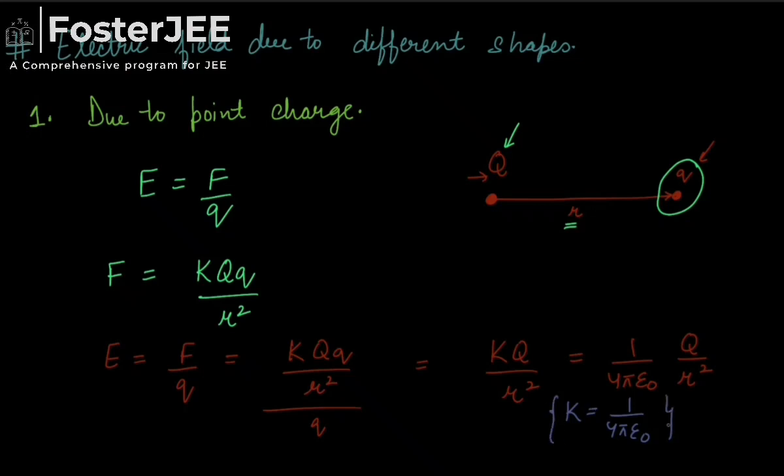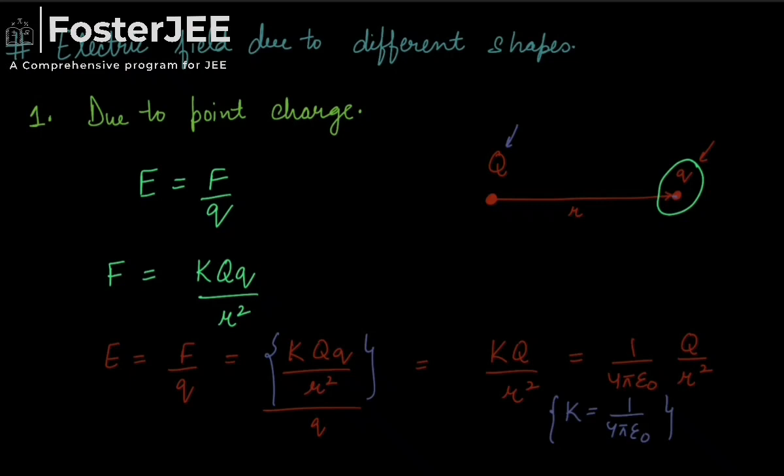Now, what have we actually done? We need the electric field produced by this charge at a distance r. So we placed a point charge at a distance r and calculated the force between the two, which is this.